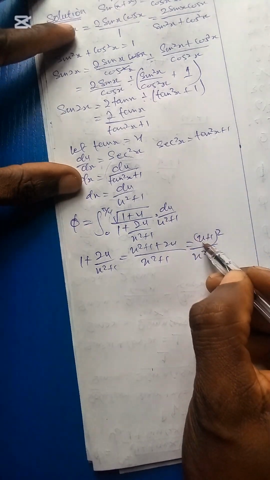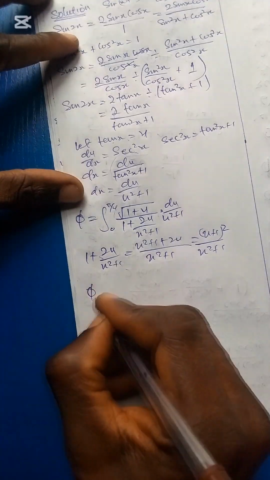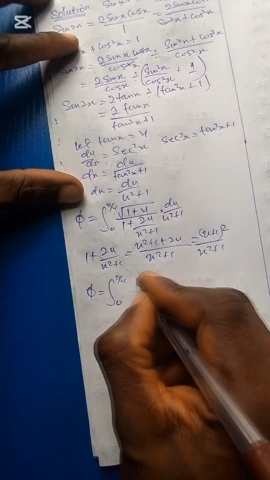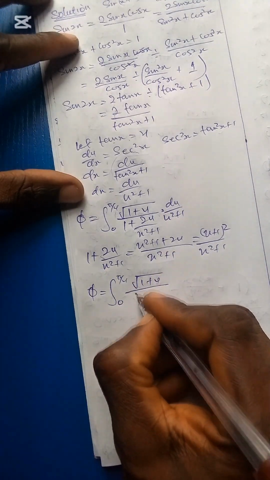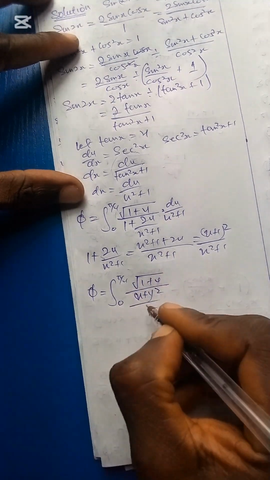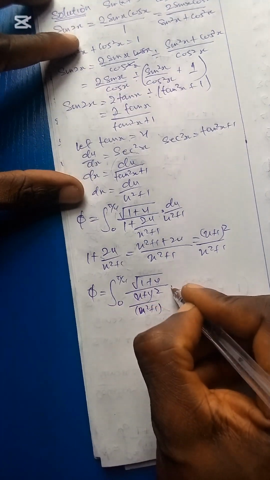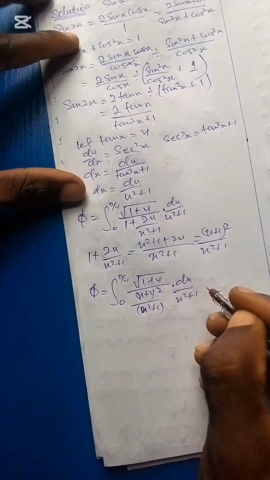So I'll write this one in place of this in the denominator. So I have phi is equal to integration from 0 to pi over 4 of 1 plus u all over u plus 1 all squared over u squared plus 1 times du all over u squared plus 1.